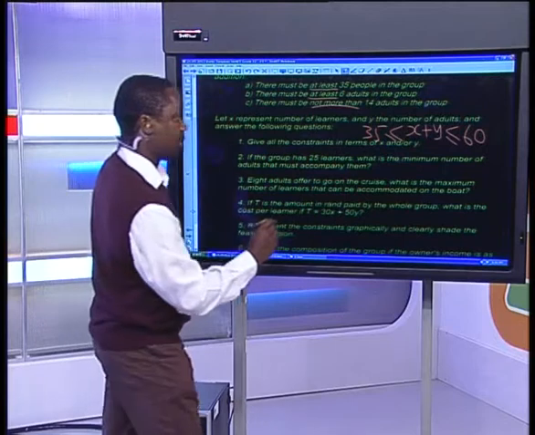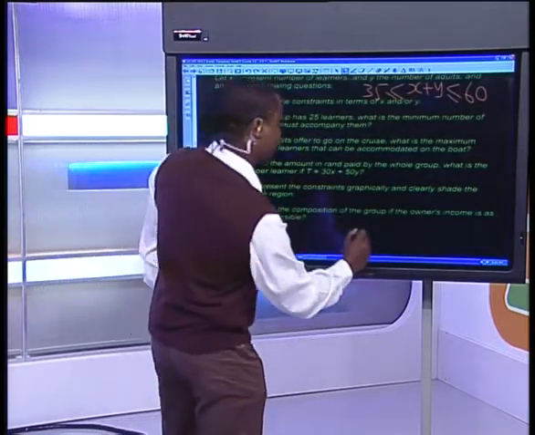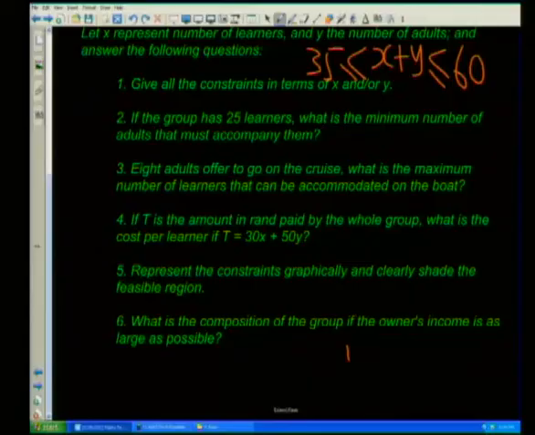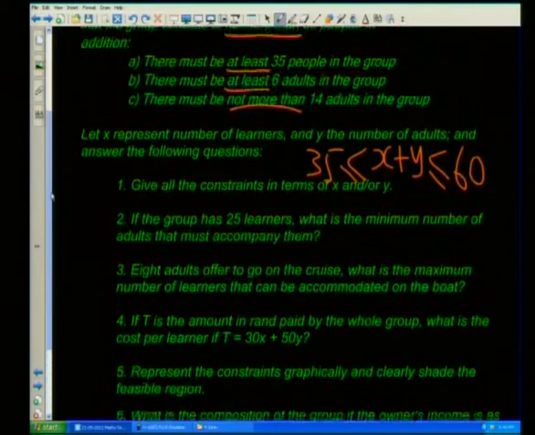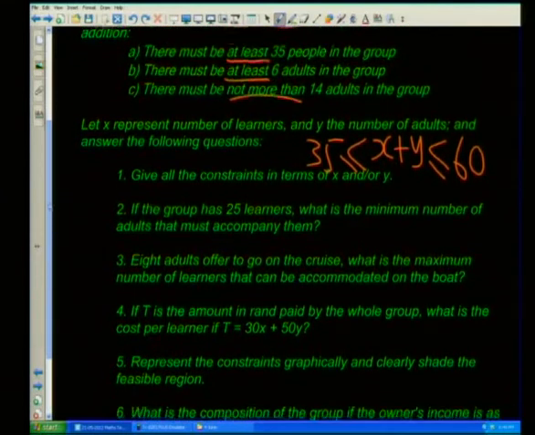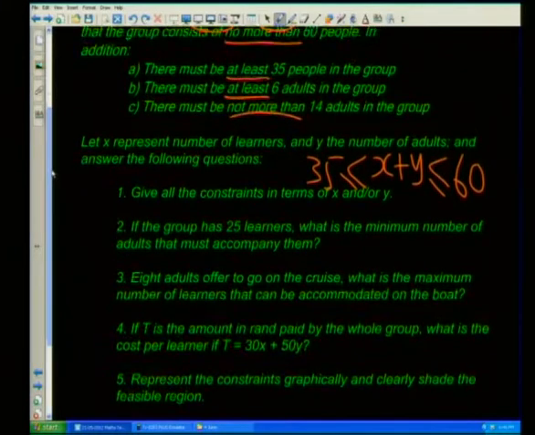So for adults, we are going to have Y must be greater than, what did we say? We said there must be at least 6 adults in the group. So that must be greater than 6. I've got the first constraint, that's the second constraint. Any more information to that effect?